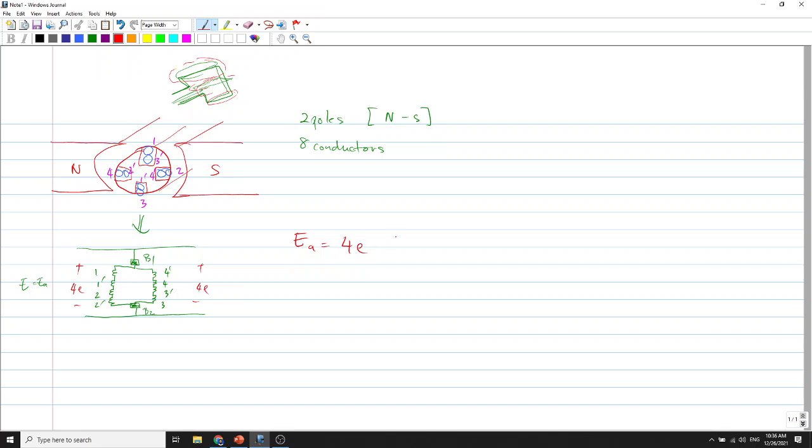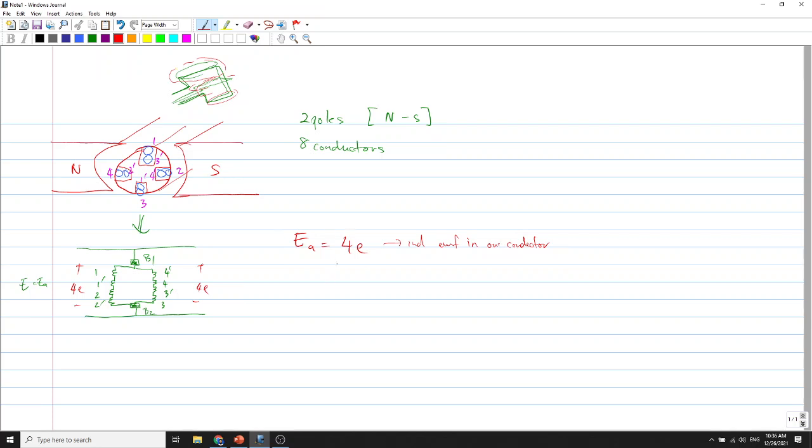This E is the induced EMF in one conductor, just one over here. So from where do we get the 4 here?